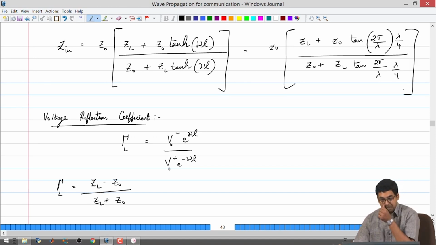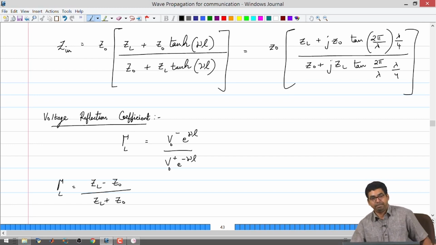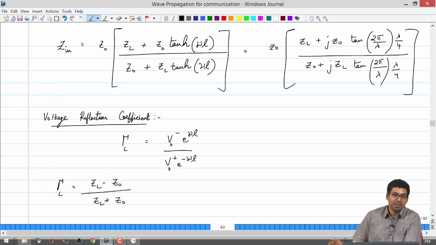Oh, J tan beta, sorry. Technically, it does not matter whether you have J or not, because tan pi by 2 becomes sin pi by 2 divided by cos pi by 2.